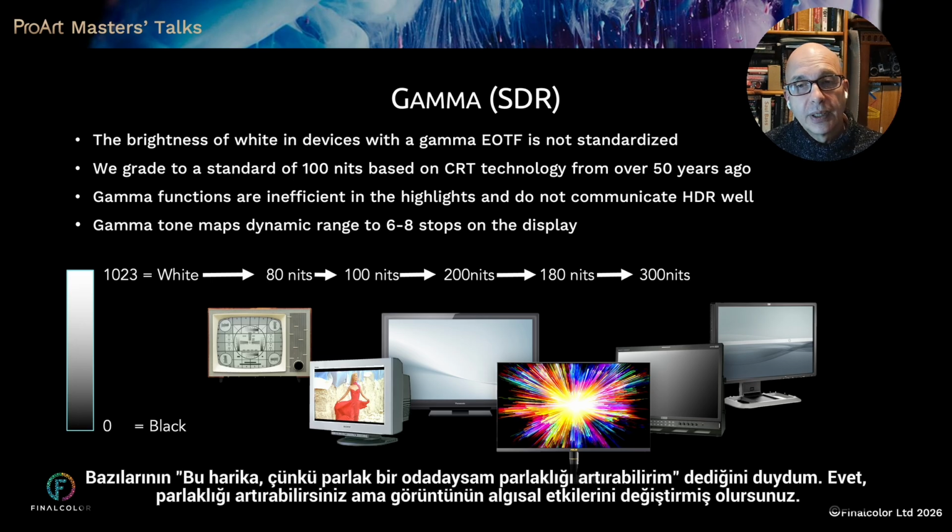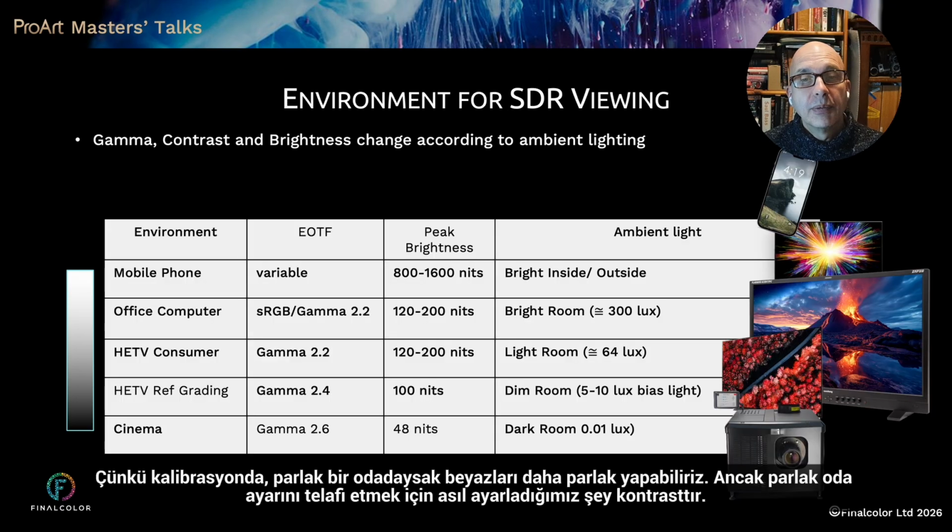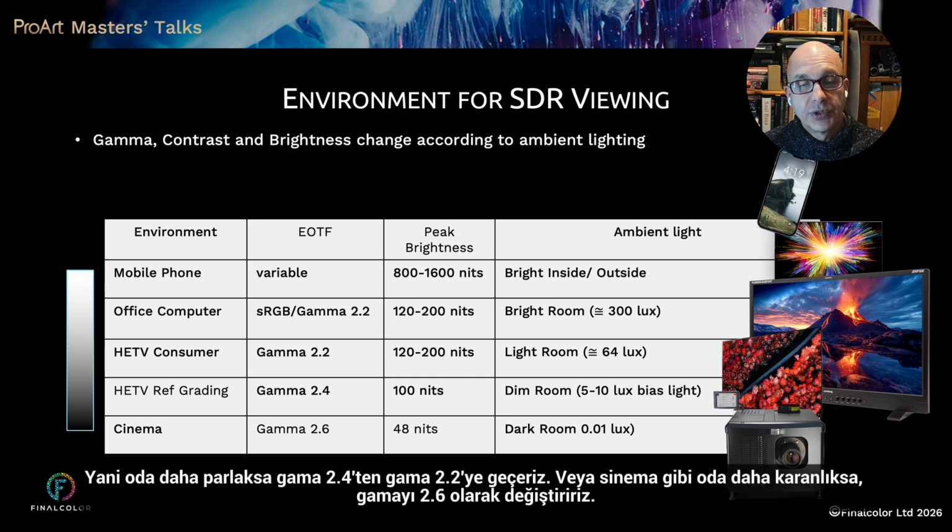Now, I've heard people say, oh, but that's great because if I'm in a bright room, I can just increase the brightness. Well, you can just increase the brightness, but you are changing the perceptual effects of the image. Because in calibration, if we are in a bright room, we can make the whites brighter, but the thing that we actually adjust to compensate for the brighter room setting is the contrast.